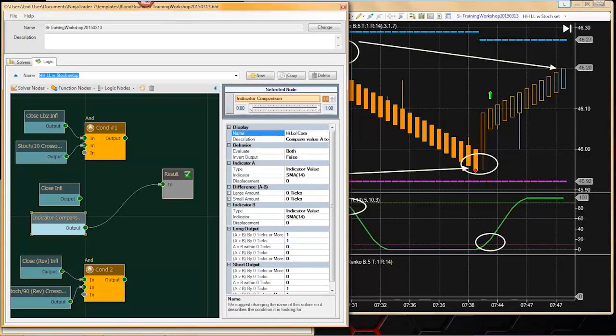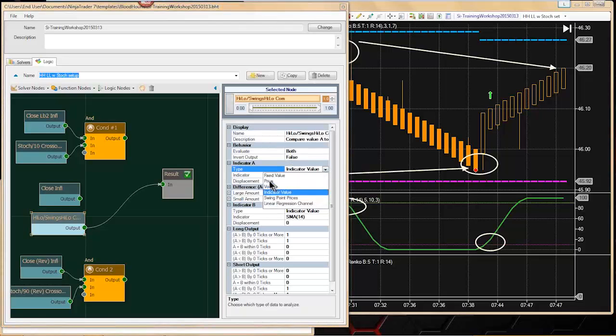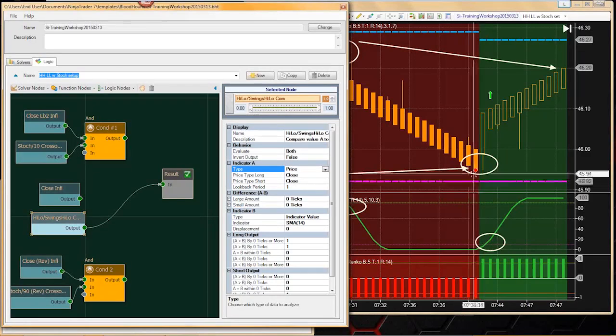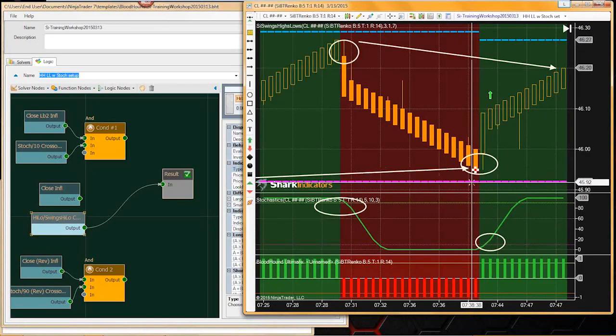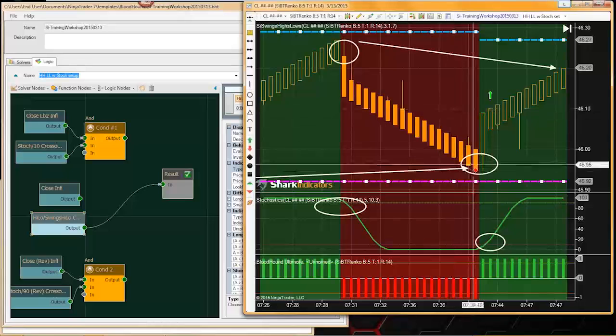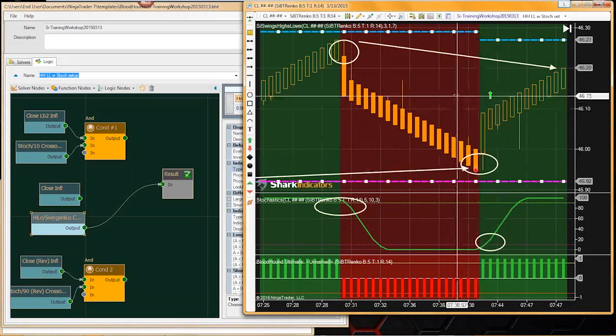All right, so we're going to be looking at the high and the low of the bar and comparing that to the swing high, low. All right, so let's see. I'm going to set this to price, right? So we're going to be comparing the low of the bar to our swing line, and of course the opposite would be true for a short signal here.